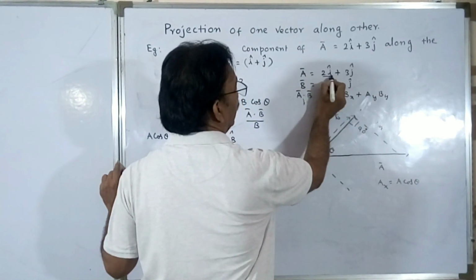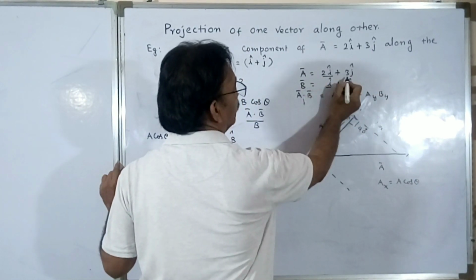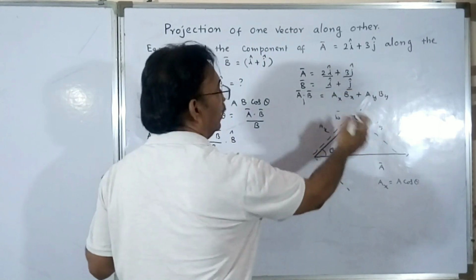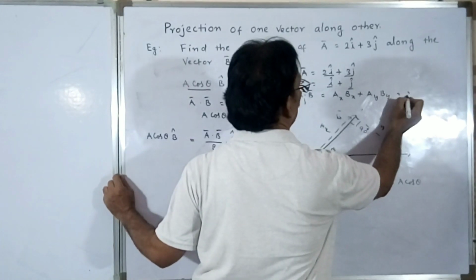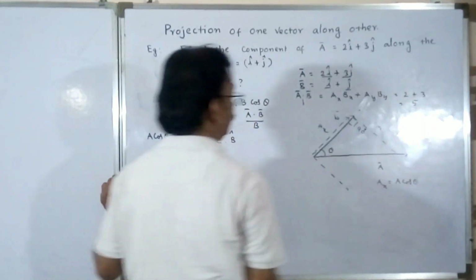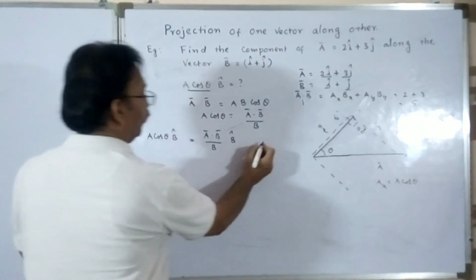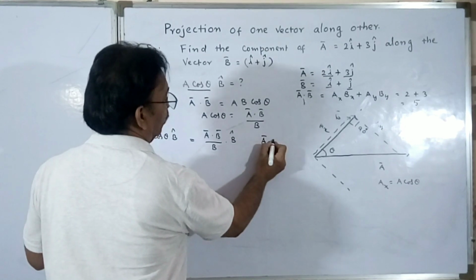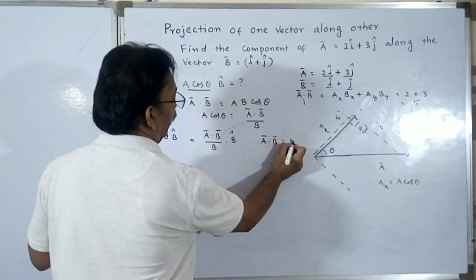Here it is Ax, Bx, Ay and By. I am putting the values. It is 2 plus 3, equal to 5. So the value of A bar dot B bar is equal to 5.